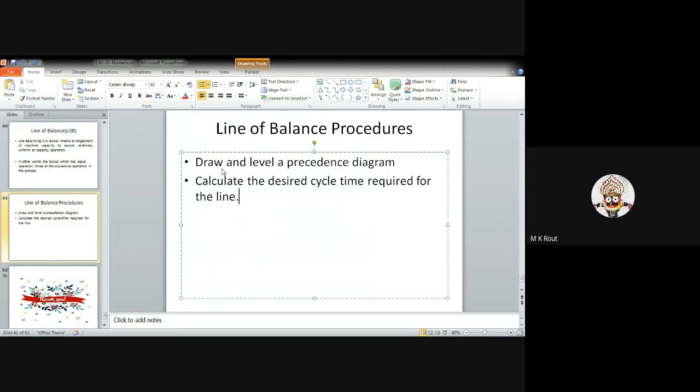I repeat, calculate the desired cycle time required for the line. The third one is calculate the theoretical minimum number of workstations.